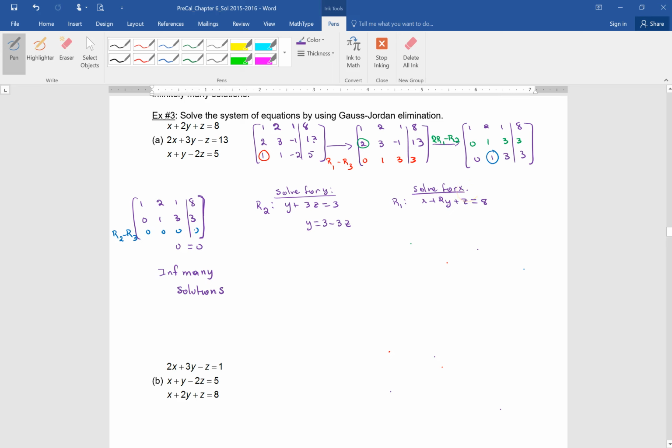Okay? So we get x is equal to minus 2y minus z plus 8. Yes? But now, do we know what y is? y is 3 minus 3z. So let's plug that in here.